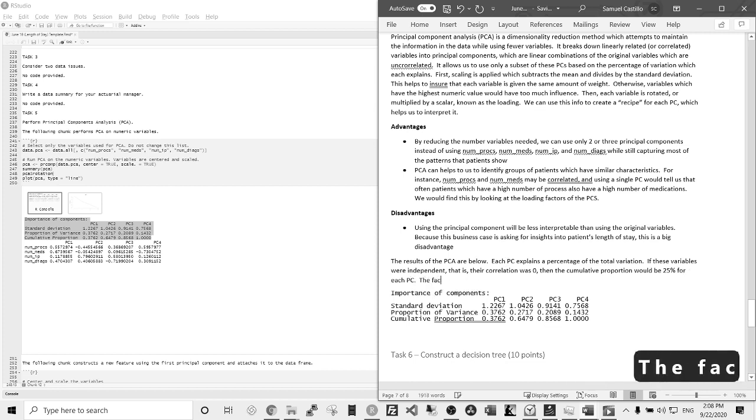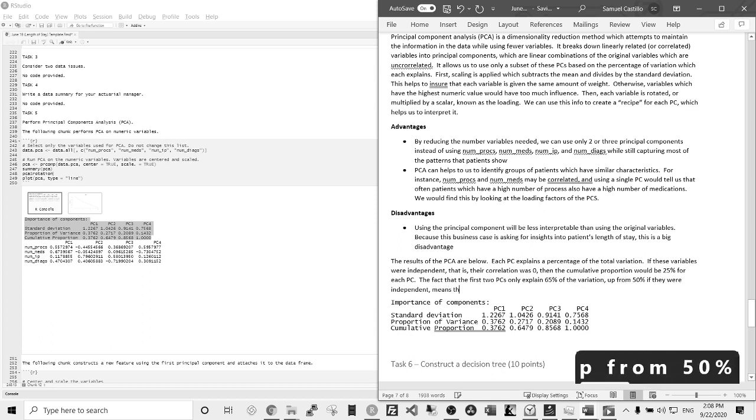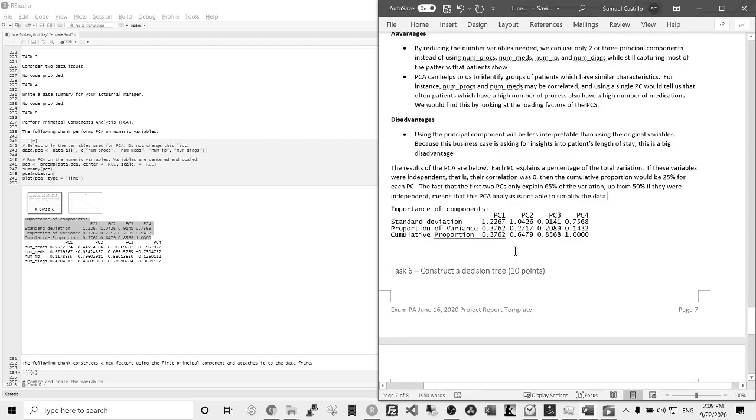So the fact that the first two PCs only explain 65% of the variation, up from 50% if they were independent, means that this PCA analysis is not able to simplify the data very much. There's some simplification, but it may not be worth the effort.